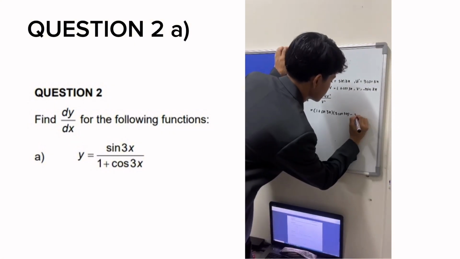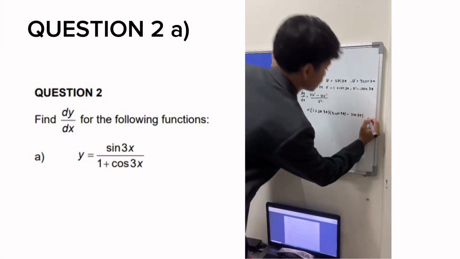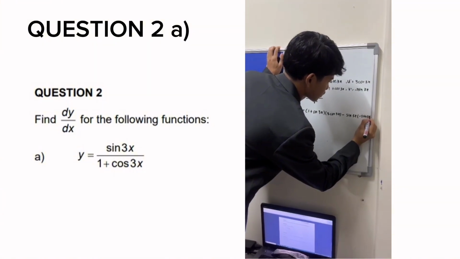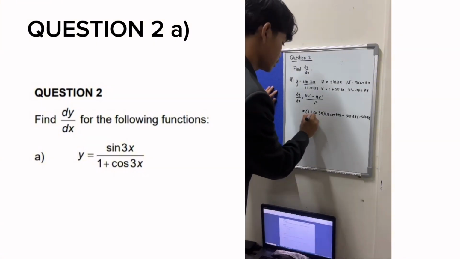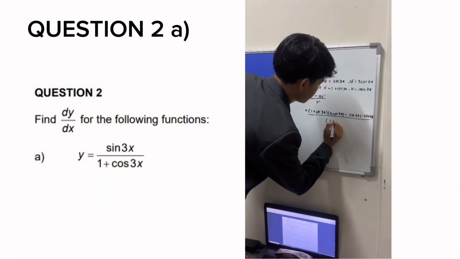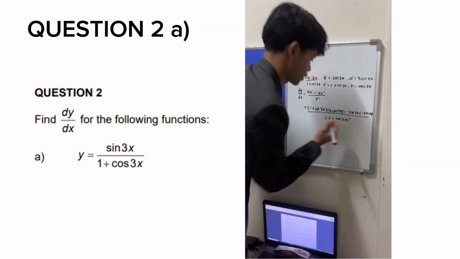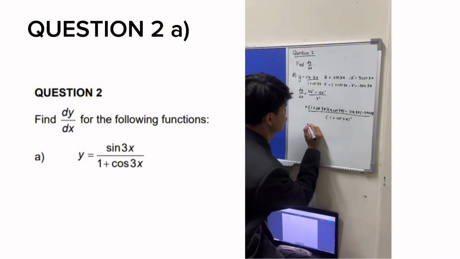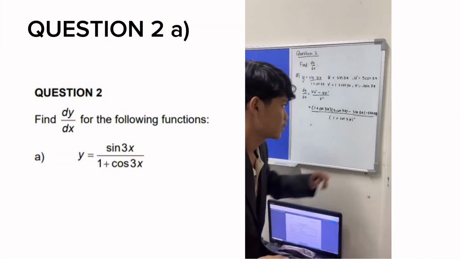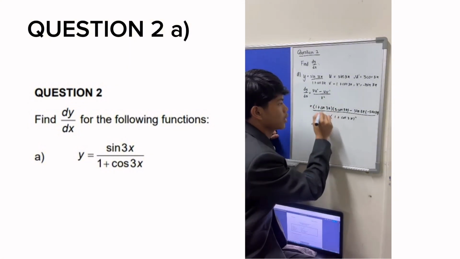U is sine 3x, v prime is negative 3 sine 3x, over v squared, (1 plus cos 3x) squared. You need to expand this first.